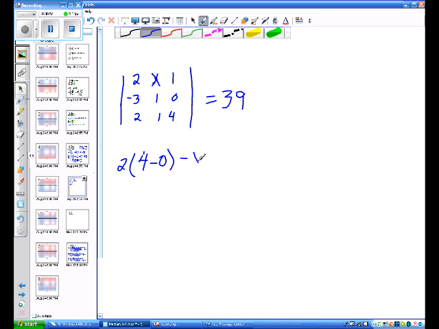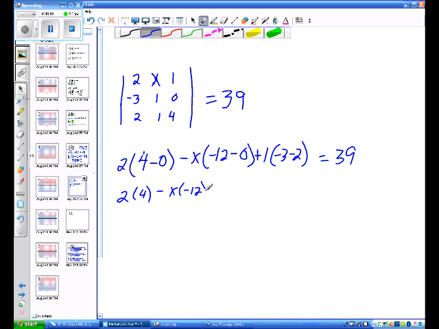Then minus x times, the product going down would be negative 12 minus the product going up is 0, plus 1 times negative 3 minus 2. And that equals 39. So what we have is 2 times 4 minus x times negative 12 plus negative 5 equals 39.